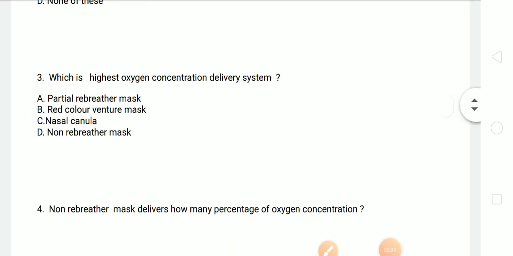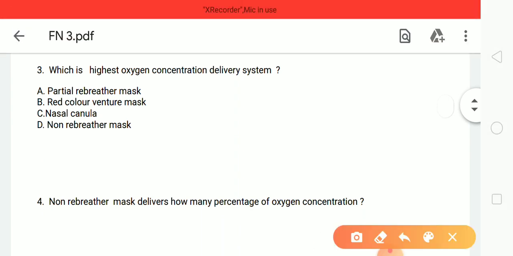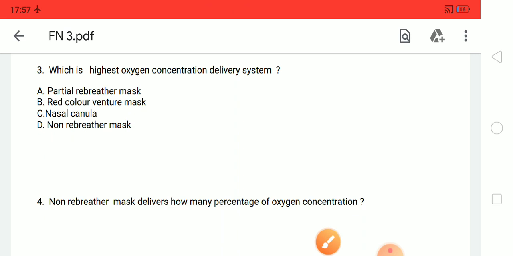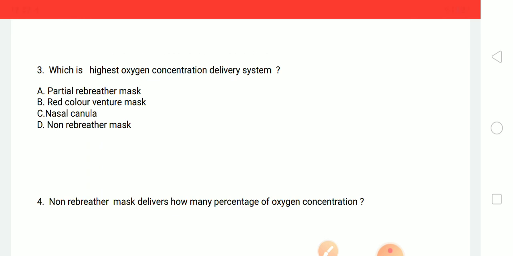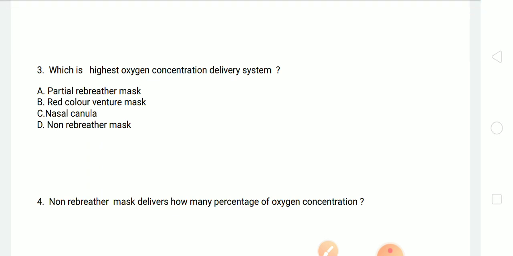This question is also very important and asked frequently. In a non rebreather mask the oxygen concentration is between 90 to 100%.